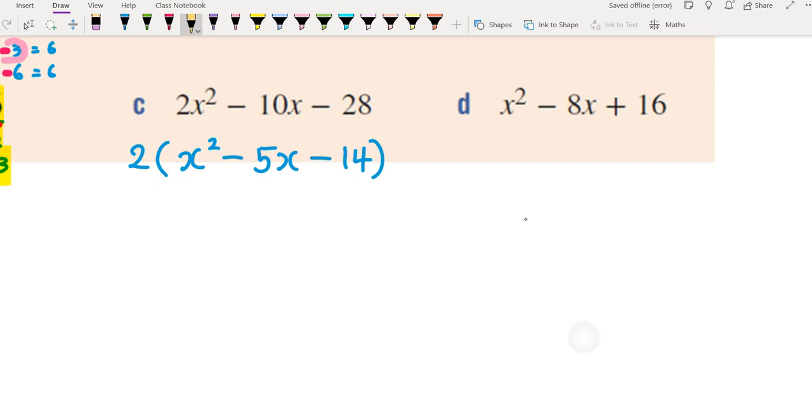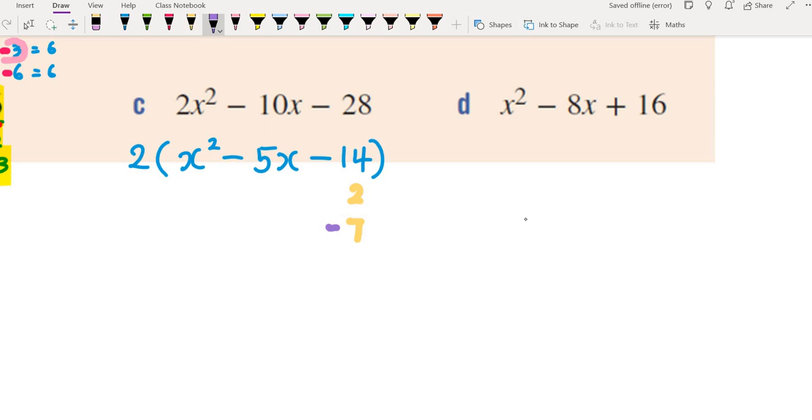So think about some factors of negative 14. It could be 2 and 7 gives you 14, but one of them has to be negative. This can be negative because when you multiply these 2 together, it's going to give you negative 14. Or the 7 can be negative as well, because when you multiply 2 and negative 7, it's going to give you negative 14 as well.